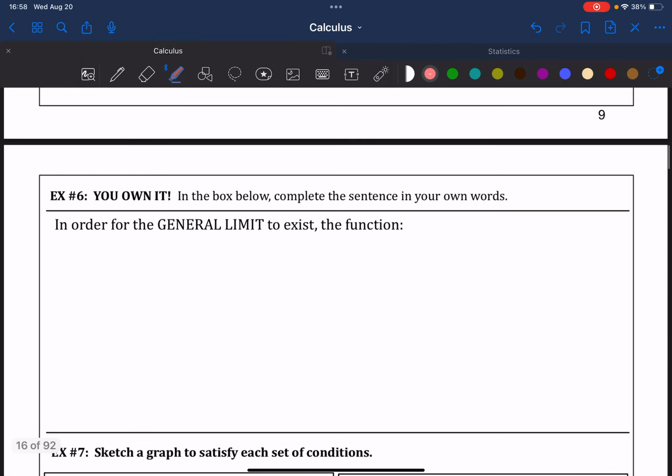And then in example 6, it wants you to take a moment and pause and go ahead and write that theorem in your own words. So it says, in order for a general limit to exist, the function has to do what? There should be something along the lines that it should approach the same y value from the left and approach the same y value from the right, and then that value must be a number. Okay.